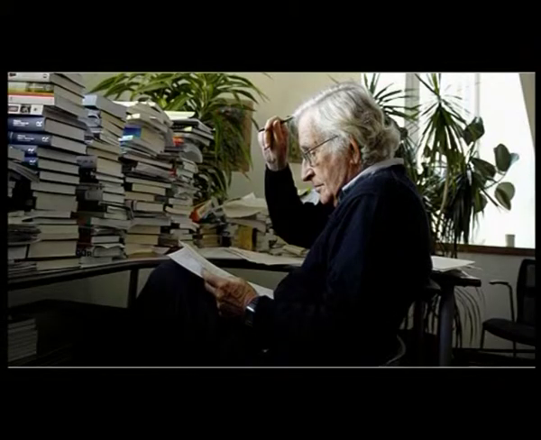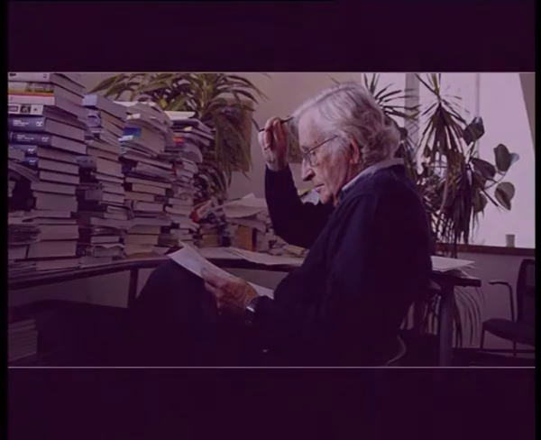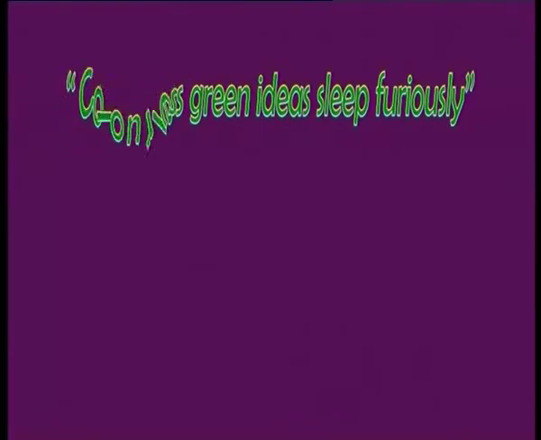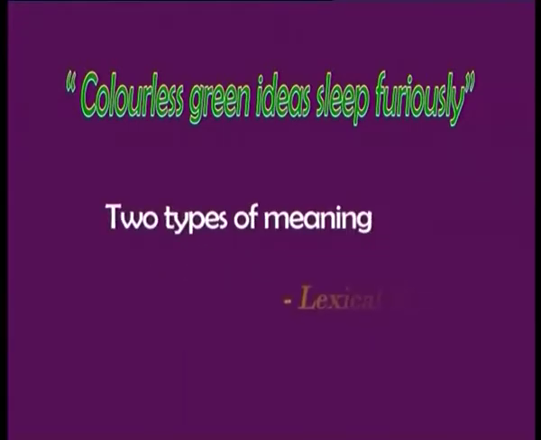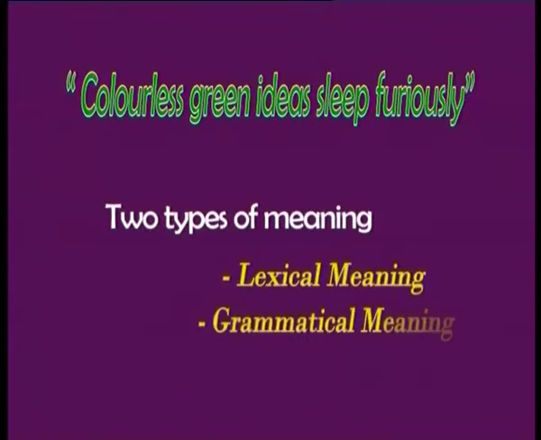Let us take the most famous example given by Chomsky. Colorless green ideas sleep furiously. In a sentence like this, one has to take into account at least two different types of meaning: lexical meaning and grammatical meaning.